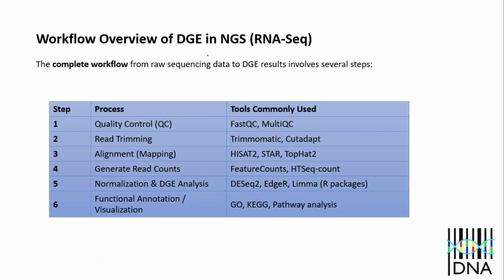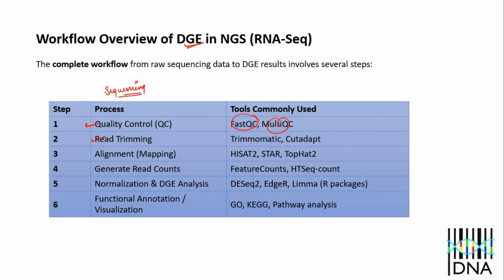Now this is the complete workflow of differential gene expression. First is isolation, then NGS, then sequencing. After the sequencing, we check the quality. For checking the quality, we use the FastQC and MultiQC software. Then trimming.